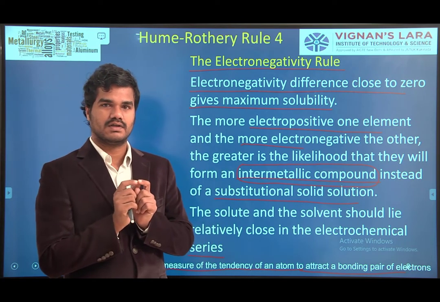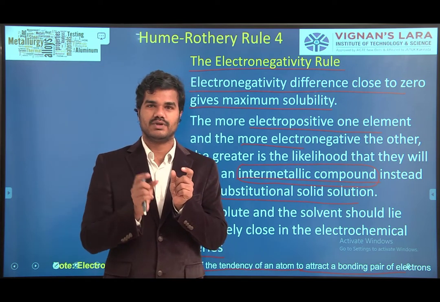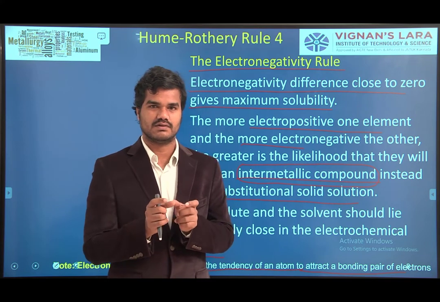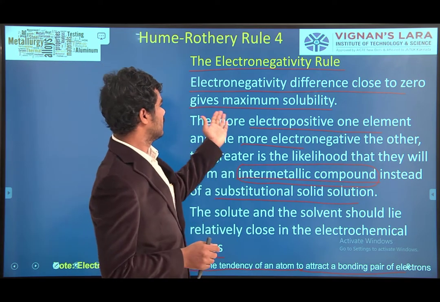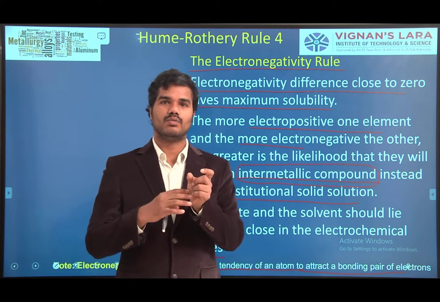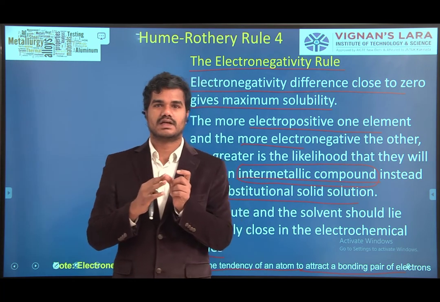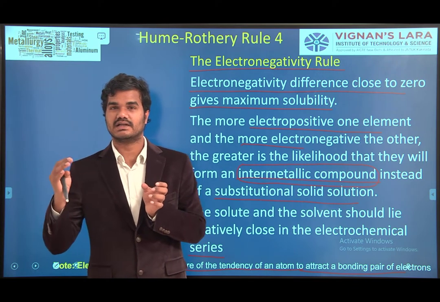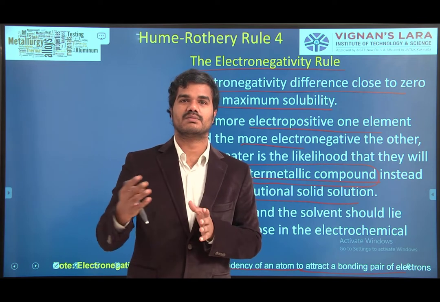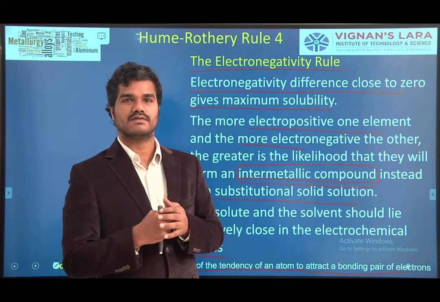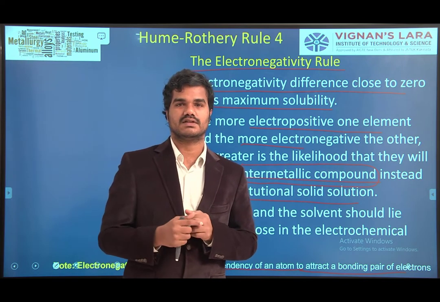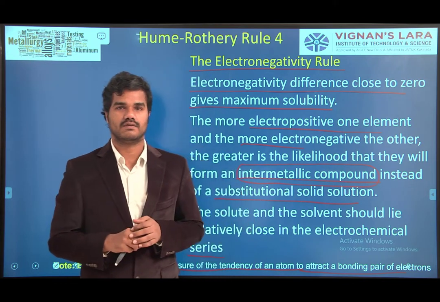Or if A and B have electronegativity difference 0, then also they have maximum solubility. If A has higher electronegativity and B has higher electropositivity, then when you combine these two, some intermetallic compound will form instead of proper solubility. That is about Hume-Rothery rule 4.